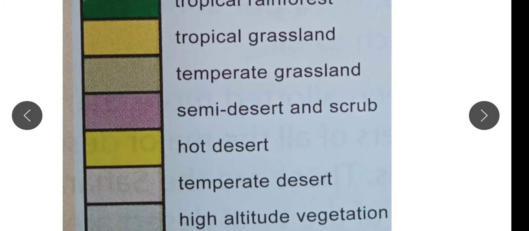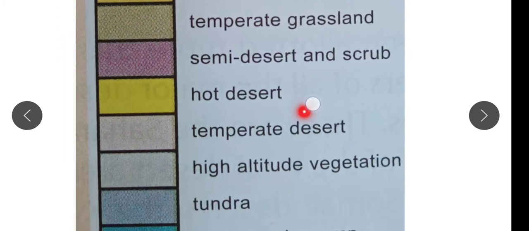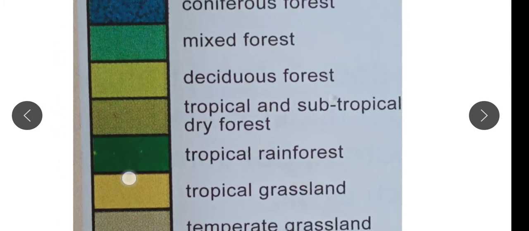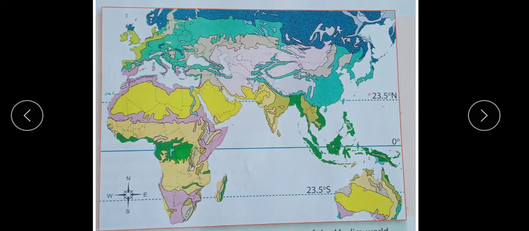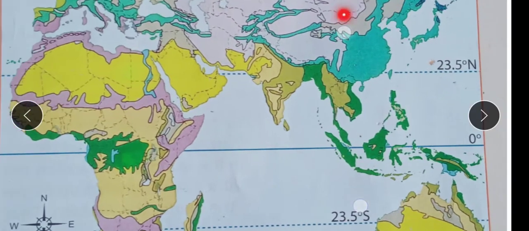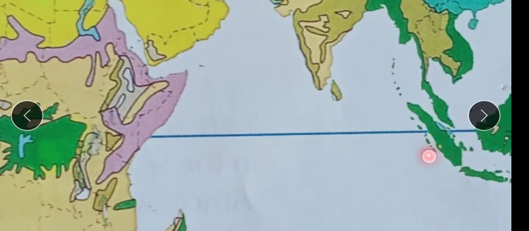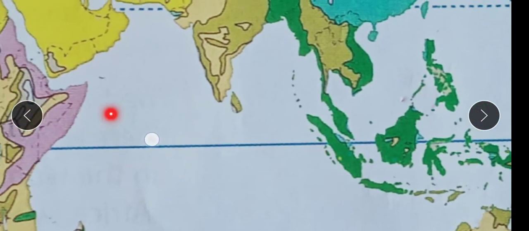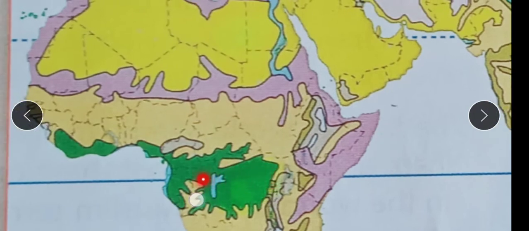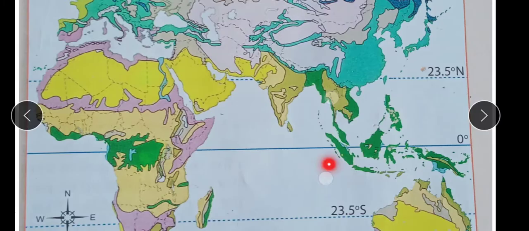This color shows us temperate areas, and green color also tells us about the tropical rainforest. So same things have been represented here. As you can see, at Indonesia and Malaysia we do have vegetation, and the Central African countries we do have vegetation because of the rainforest, and rest of Muslim countries are the hot desert or semi desert.